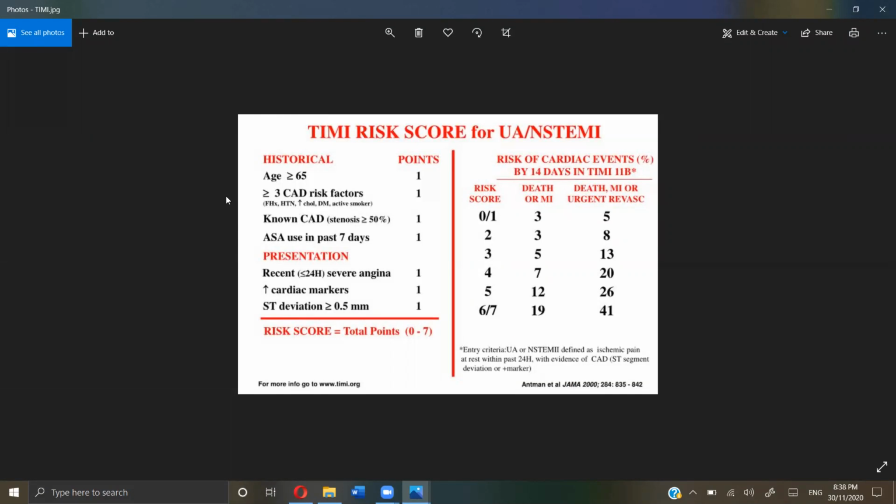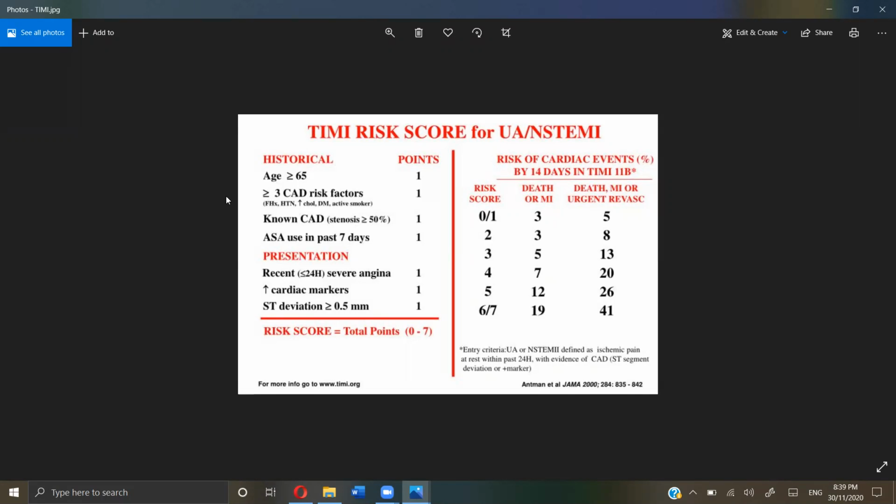This is how you score it, but the result of your TIMI score, if you're interested, I couldn't find a clear result for it. You see that the score there says 0, 1, 2, 3, 4, 5, right?